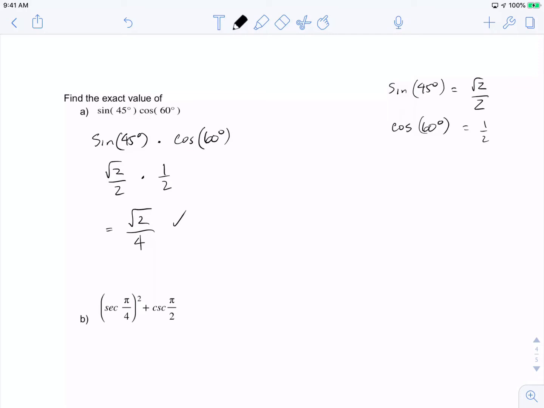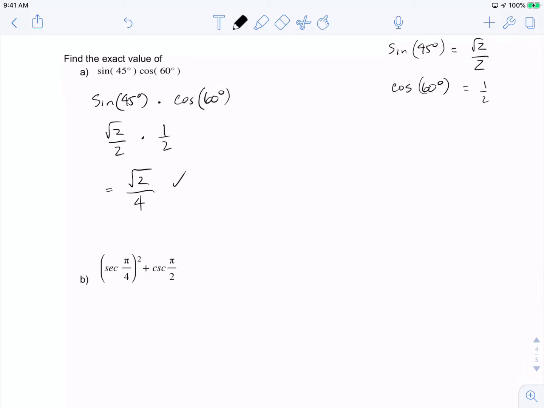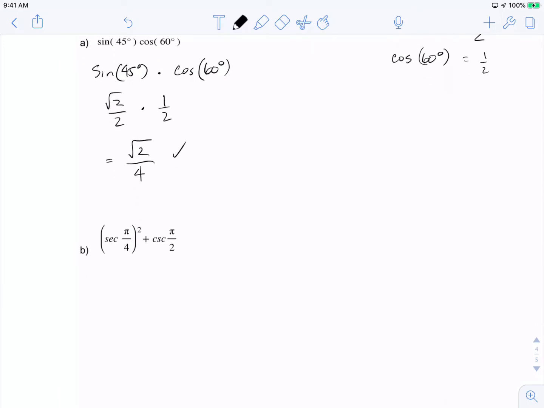This next problem is pretty fun too. So for simplicity's sake, so we can do this, we know that if I look at pi over 4, I know that pi over 4 is going to yield the point radical 2 over 2, radical 2 over 2.